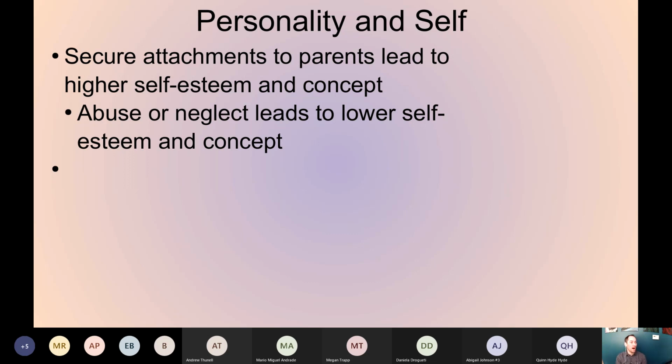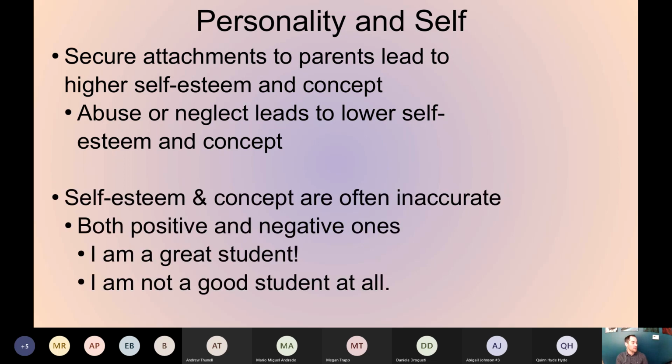So abuse or neglect often leads to lower self-esteem and self-concept. So not necessarily things that we're wanting. Self-esteem and self-concept without having clear feedback from someone else are oftentimes inaccurate, both the positive and negative ones.